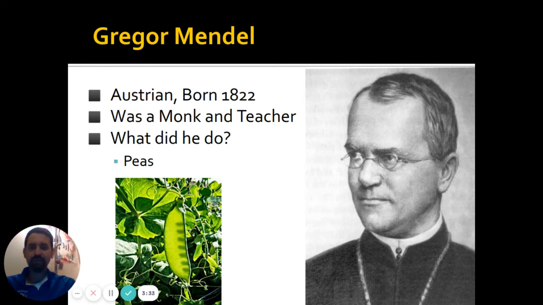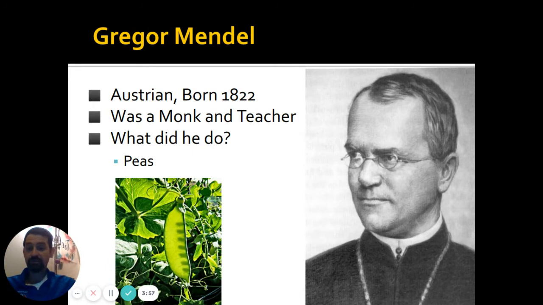I mean, obviously, from the get-go, people understood that things are handed down from parents to offspring. That's pretty obvious. But he was the first one credited with really tracking it scientifically and determining some of the underlying rules that guide it.